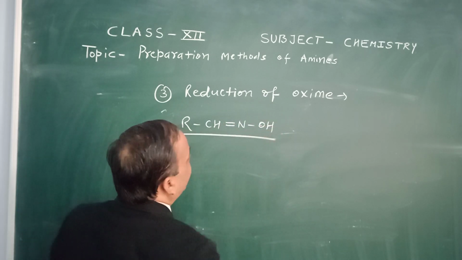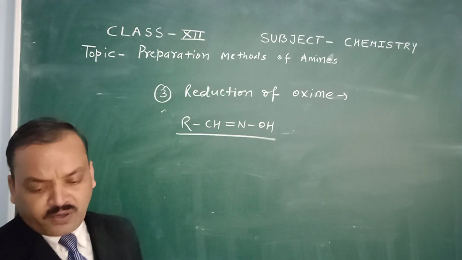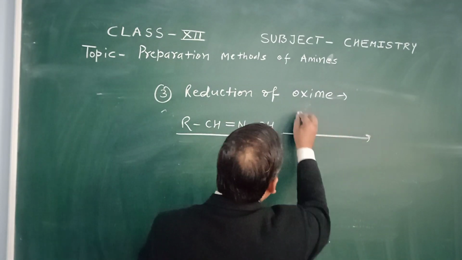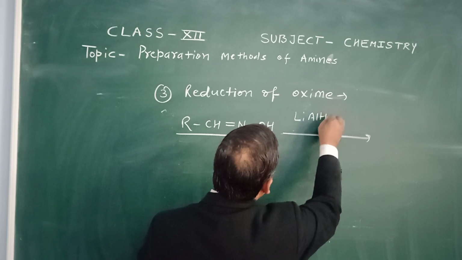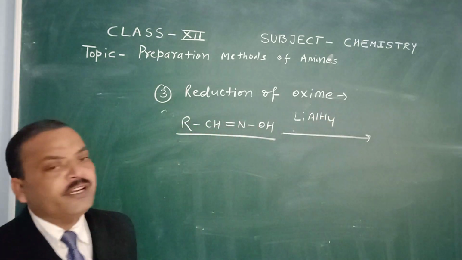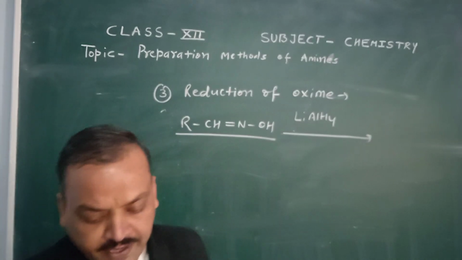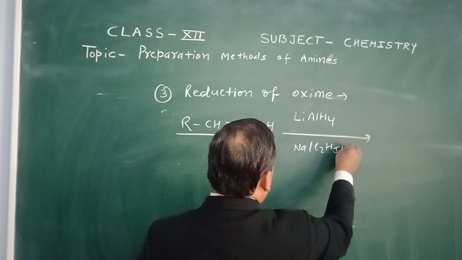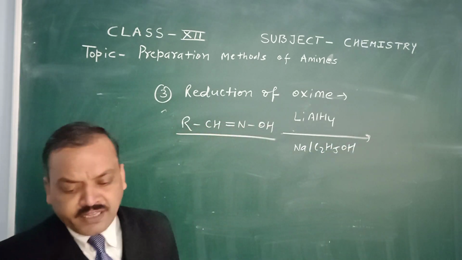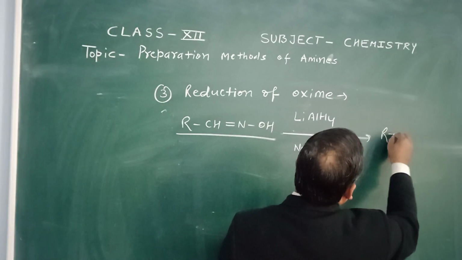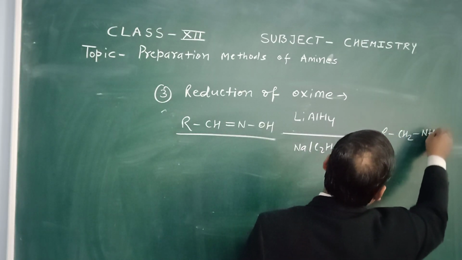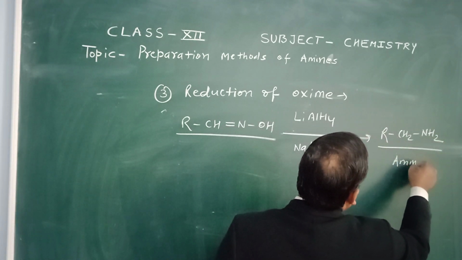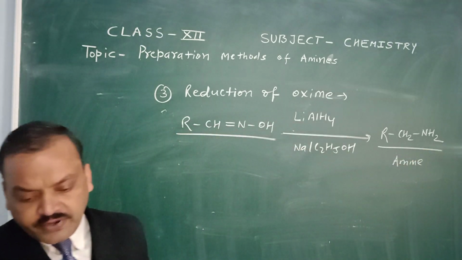Compounds with this kind of NOH group are considered oximes. In the presence of a reducing agent like lithium aluminum hydride or sodium, we get RCH2NH2. So this oxime will convert into the amine. This is the third method.